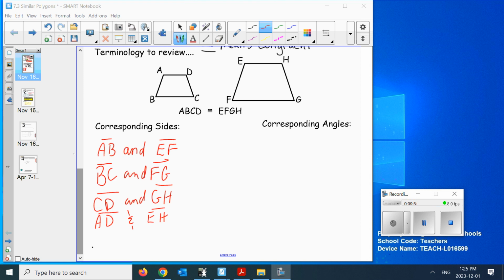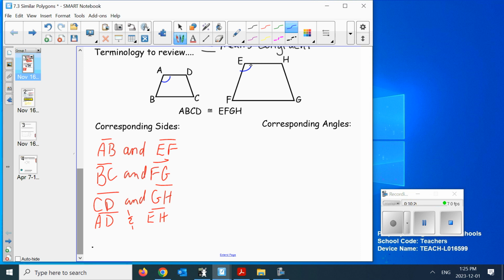Corresponding angles are actually equal. Even though the shape's larger and smaller, the angles remain the same size. And I'm going to show you something. So angle A, angle E, they're the same.